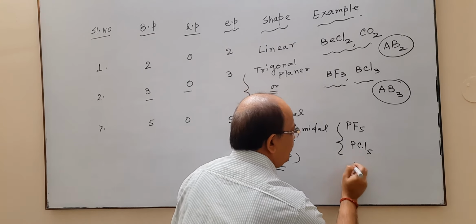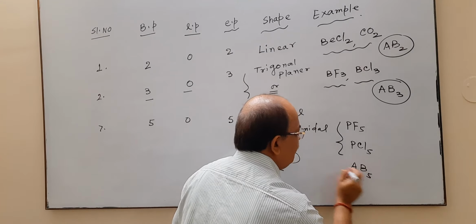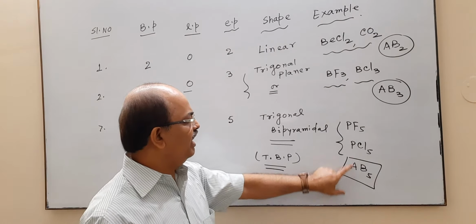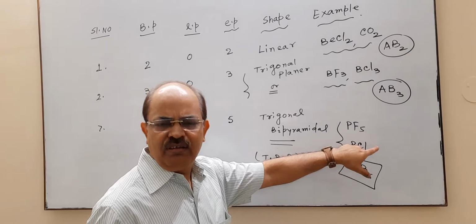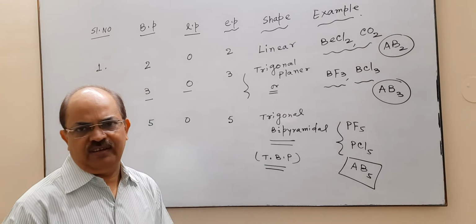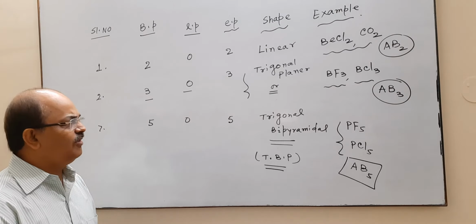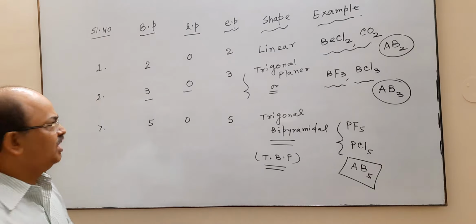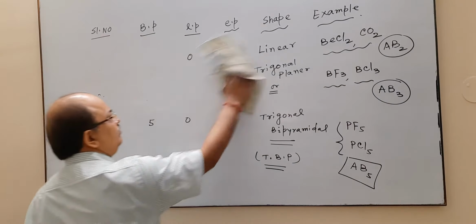So let us observe it is of your AB5 type. A is your phosphorus, B you may consider as fluorine or chlorine. So PF5, PCl5, they are your trigonal bipyramidal in shape.